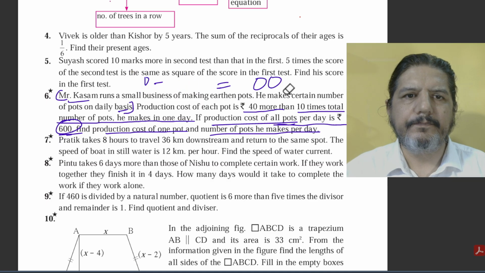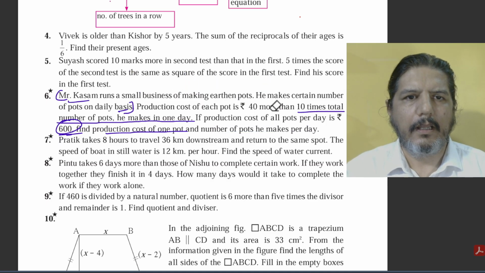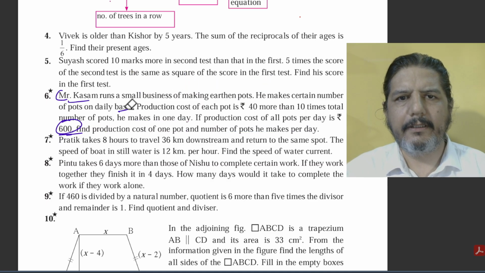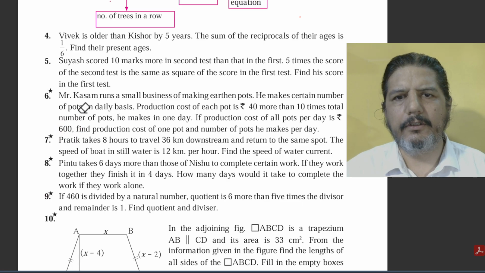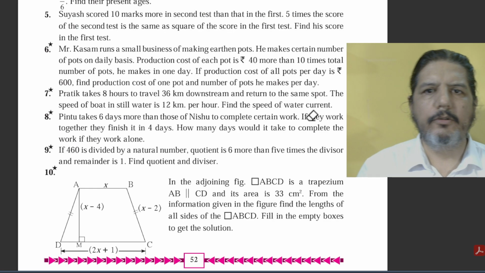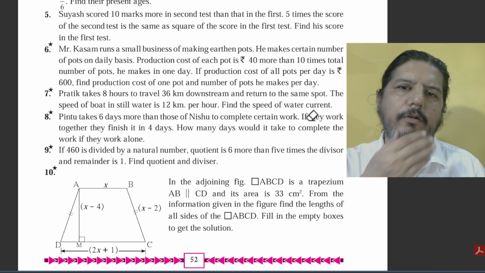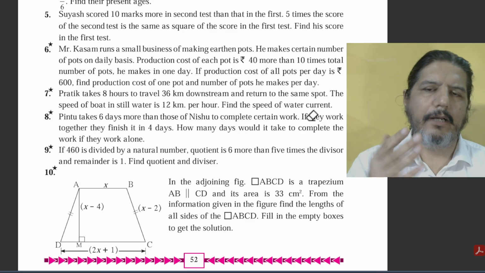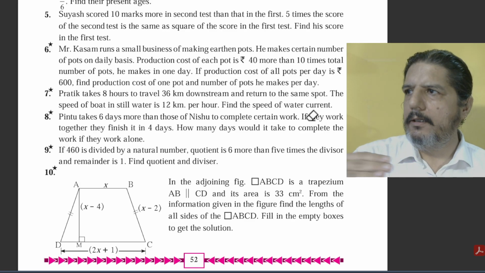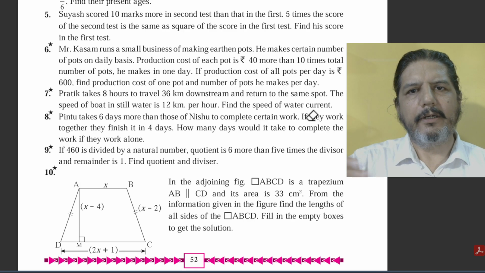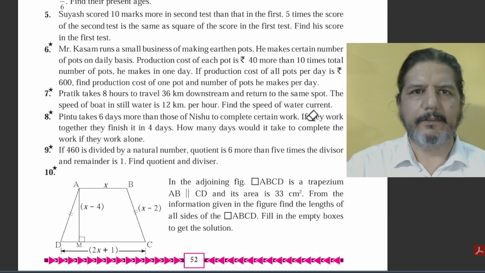My suggestion to you would be that whenever you see a word problem, if you are able to do it in one go, great. Otherwise, you'll have to read the word problem again and again so that you are able to understand.